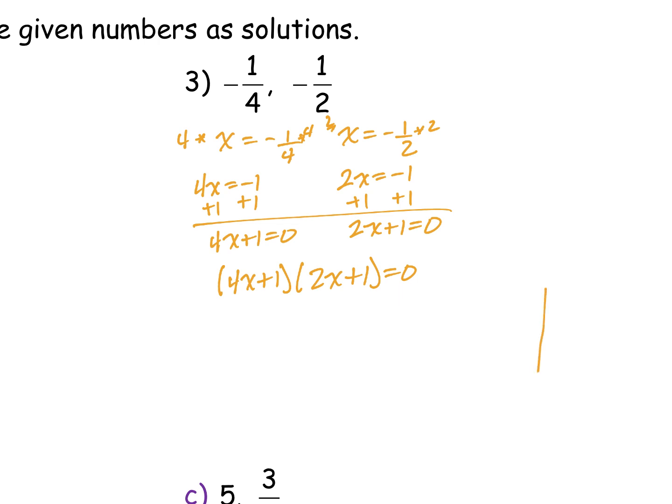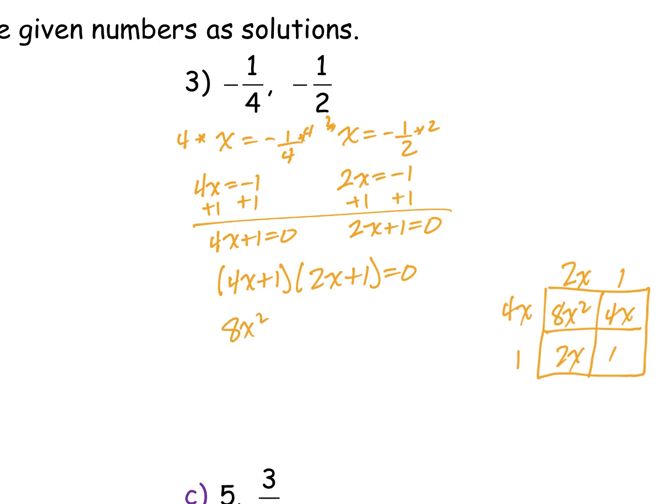And then multiply it out, right? I'm just going to come over here and do it. So that gives me 2x and 4x plus 1. So 8x squared, 4x, 2x, and 1. So I get 8x squared plus 6x plus 1 equals 0.